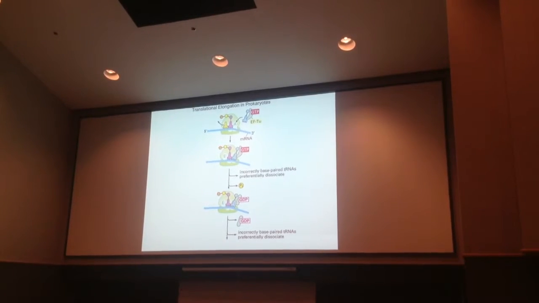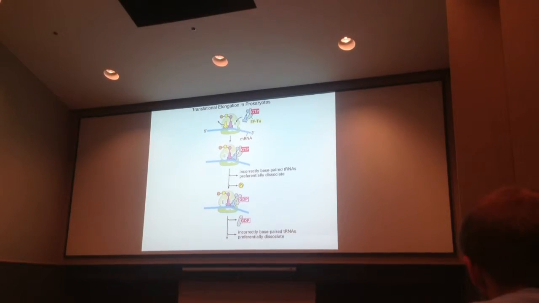IF2 is not the most abundant protein. Why is IF2 not the most abundant protein? It's not anywhere near as abundant as EF-Tu. Why is that? Is it degraded? No. It's a simple question. You just need it to start. You don't need it for every single thing.